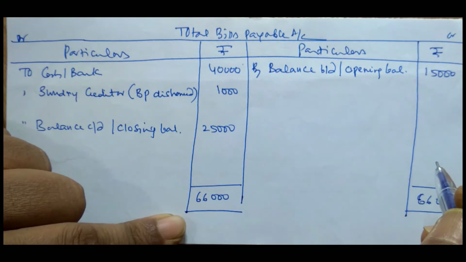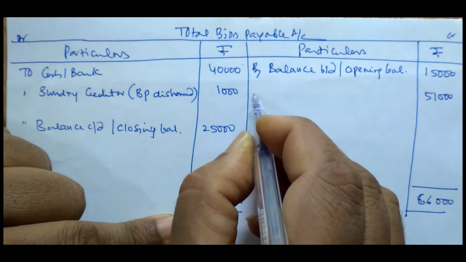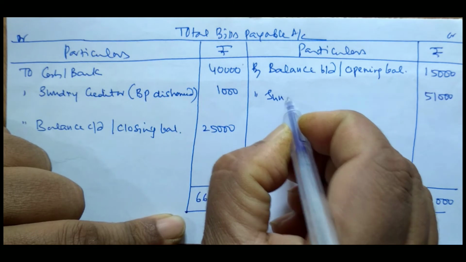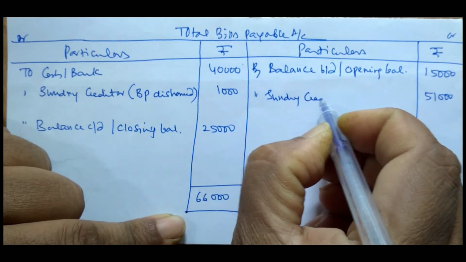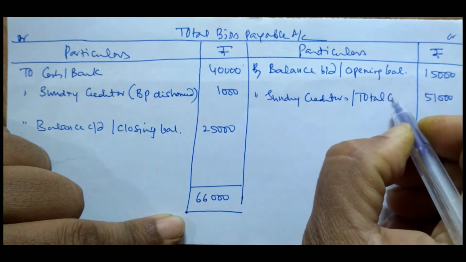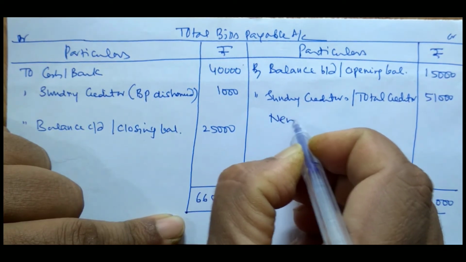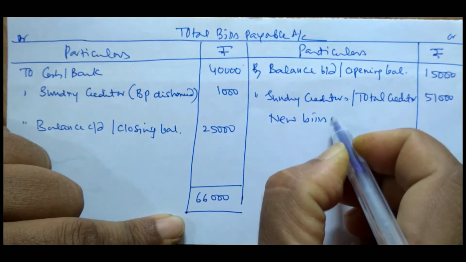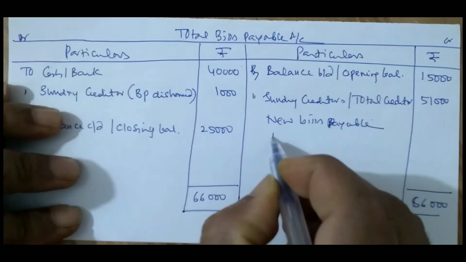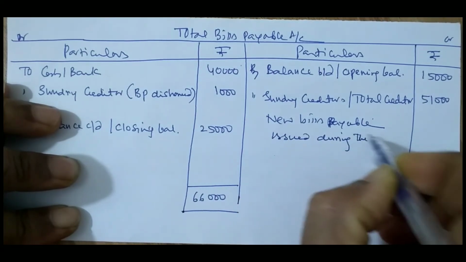The same should be written opposite side to find out what will be the missing figure. The missing amount is 51,000. This 51,000 is termed as total sundry creditors. Sundry creditors, even we can call it is a total creditors. This is new bills payable issued during the year.